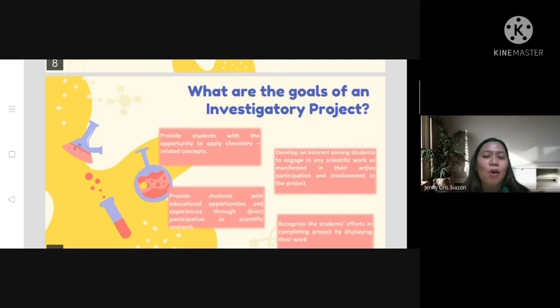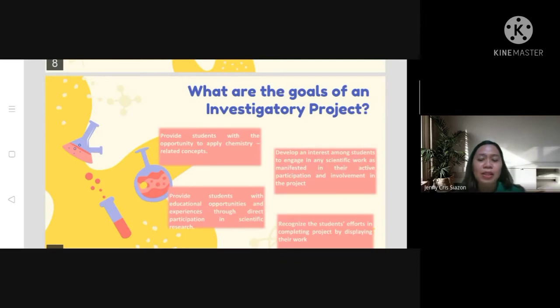Okay. O kaya doon sa mga may gustong pumunta sa field of science as their profession. Napakagandang training ground itong paggawa ng investigatory project. Hindi natin alam, yung iba sa inyo pwede maging researcher, maging doctor, maging nurse, no? Someday. So this is a good background for you because in that kind of field, you're going to apply scientific knowledge.